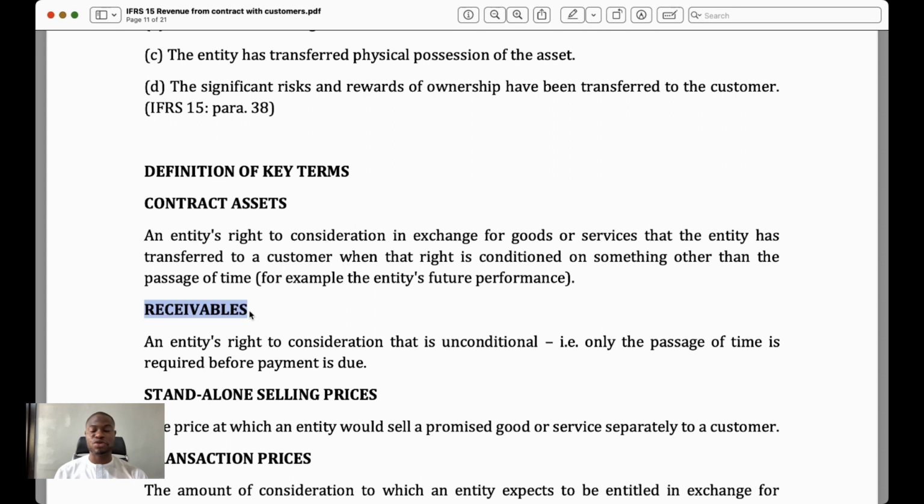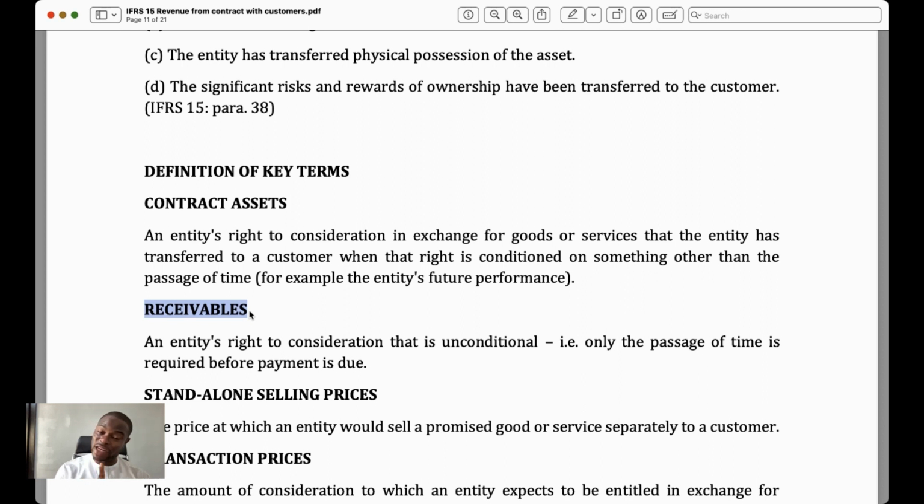Maybe you're waiting to see whether the product will work or not. In that case, when you credit revenue, you won't debit receivables. You will debit a contract asset, because your right to consideration is conditional on something other than passage of time. It's about future performance you have promised in the contract. Please take note of that.